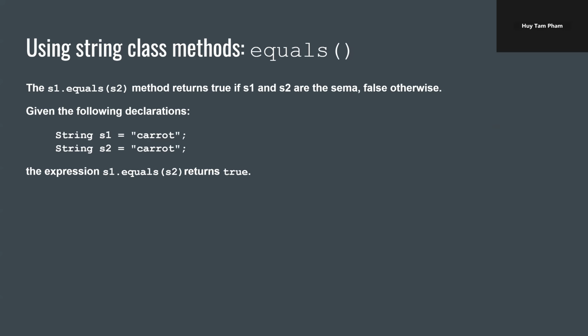Instead of returning a value that indicates whether a string is more than or less than another string, it will only return whether the two strings being compared are the same or not. And this is quite simple. As you can see, if string s1 equals "caret" and s2 also equals "caret", then the expression is going to be true.